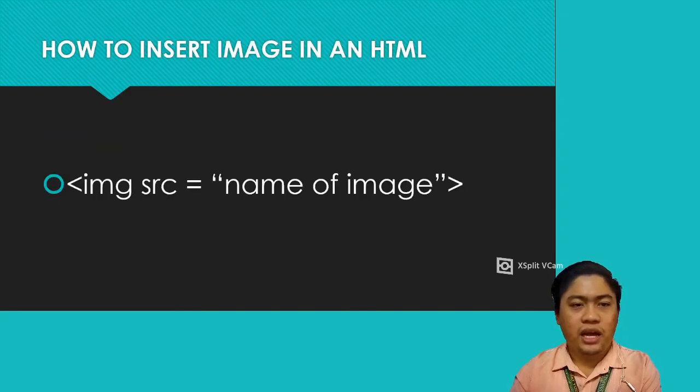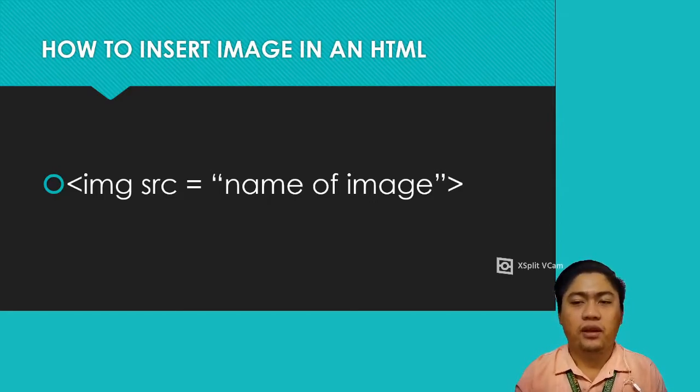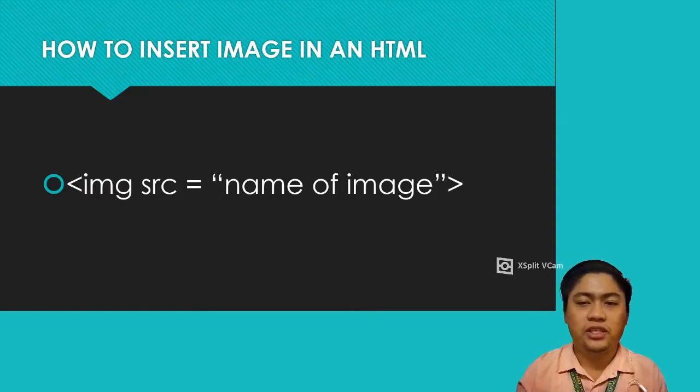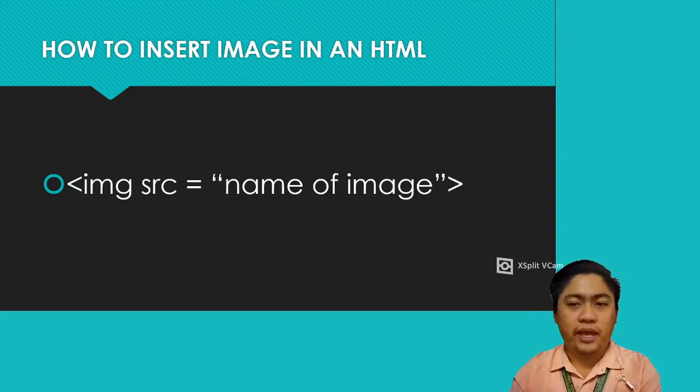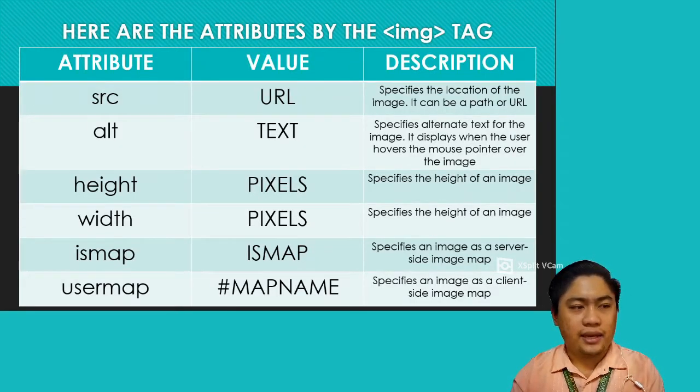Now, how to insert an image in HTML. The img tag is used to add images to an HTML document. This requires attributes and values that specify the image the web browser should display. And here are the attributes of the img tag.